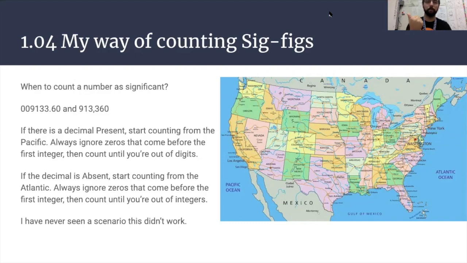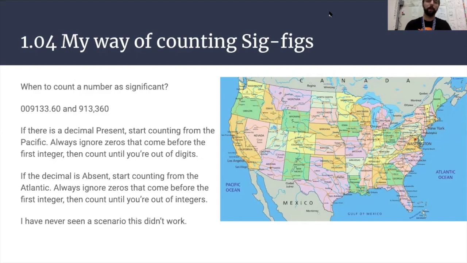Then you have 9, 1, 3, 3, 6, 0. 0 is a digit, so you keep counting it if it's after a decimal. We assume if it's after a decimal, it's been measured. For example, if you're going to measure something that's 9¼ inches, you would say it's 9.25 inches. You would not say it's 9.2500000 inches, because you don't know that it's actually that precise of a measurement.